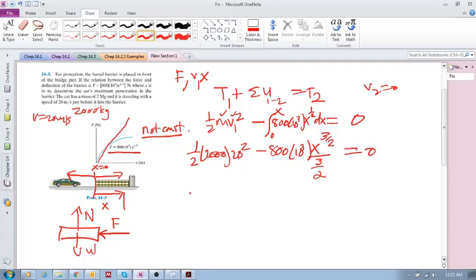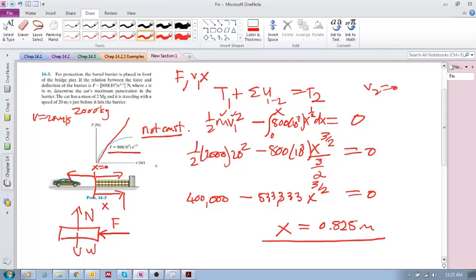So this becomes 400,000 minus 533,333 x to the 3 over 2 equal to 0. Then solve for this, and since you've only got the one unknown, you end up getting x is 0.825 meters.